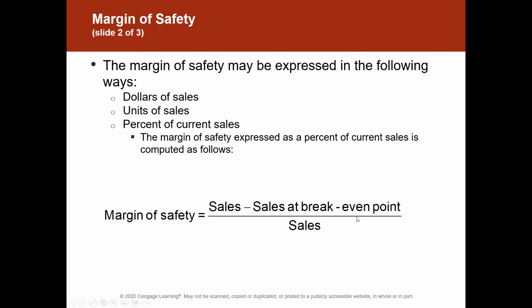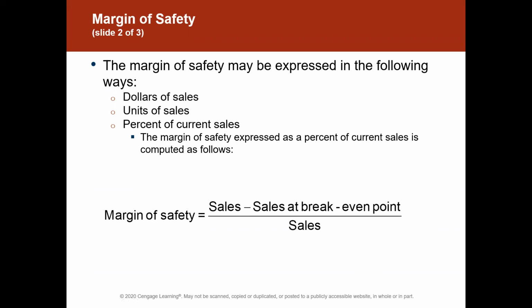And so here's our calculation. Margin of safety can be expressed in dollars of sales, units of sales, or percent of sales. The margin of safety in dollars is the numerator of the formula: sales minus sales at the break-even point.